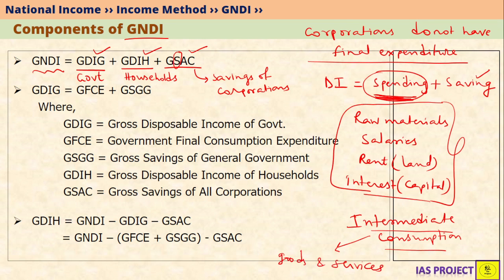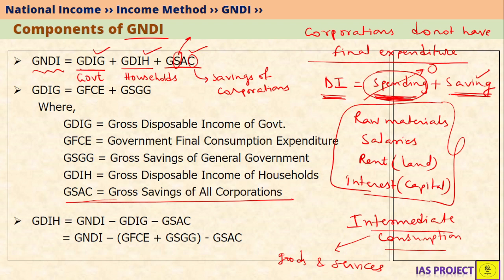So in the case of corporations, spending or final consumption or final expenditure is always zero, and disposable income is nothing but savings. So here in the case of corporations, we have taken savings instead of disposable income. Please remember that final expenditure or final consumption of corporations is always zero. So disposable income is nothing but savings.